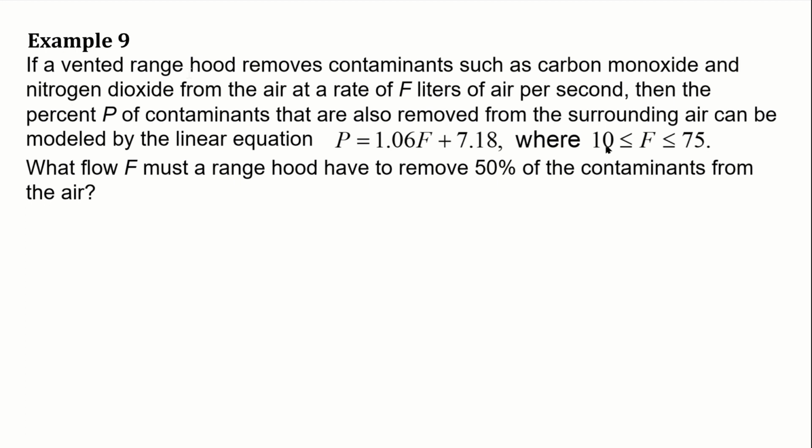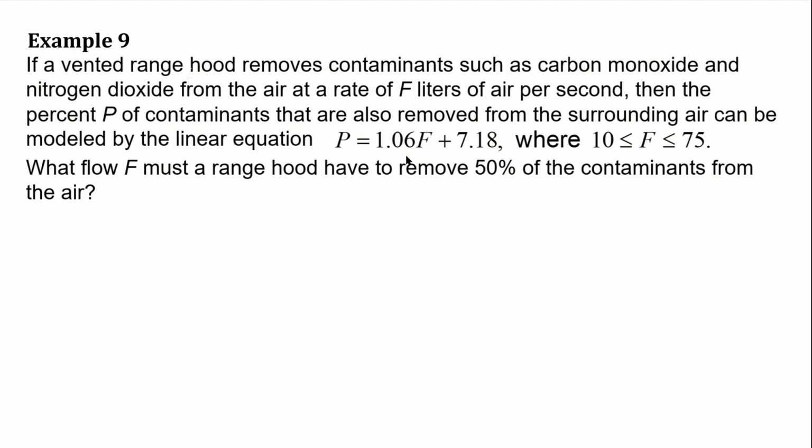When I say inclusive, I mean 10 and 75 are also acceptable numbers for F. What flow F must the range hood have to remove 50% of the contaminants from the air? That's the question we want to address.